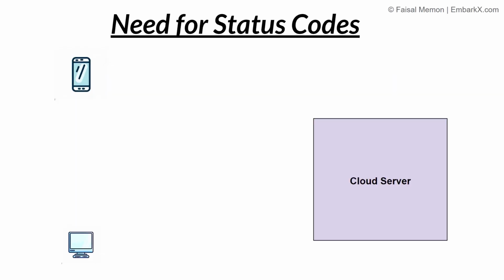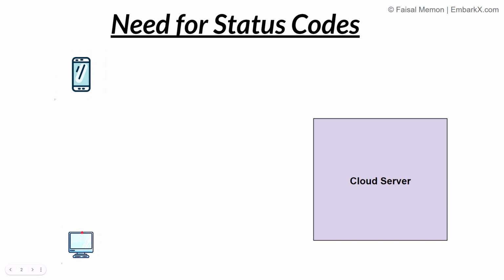So let us say you have a cloud server here, and you have two clients. One is the mobile phone, and you have an application that is running on the desktop. This is how a typical application looks like. You have a remote server, and then you access the data on this remote server with the help of a client, which can be right from the mobile app or it can be through the browser.